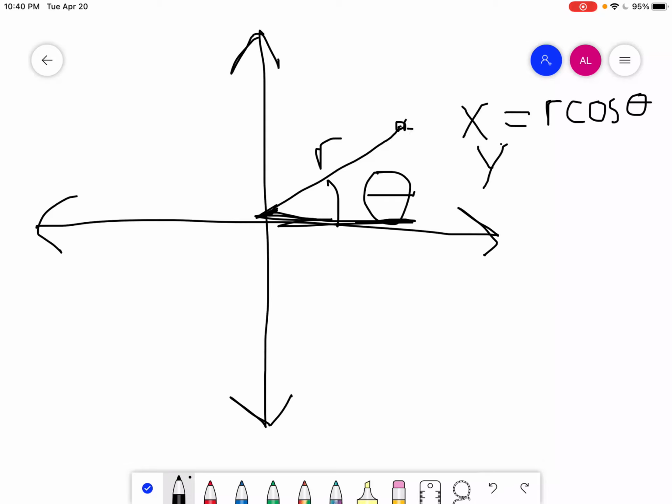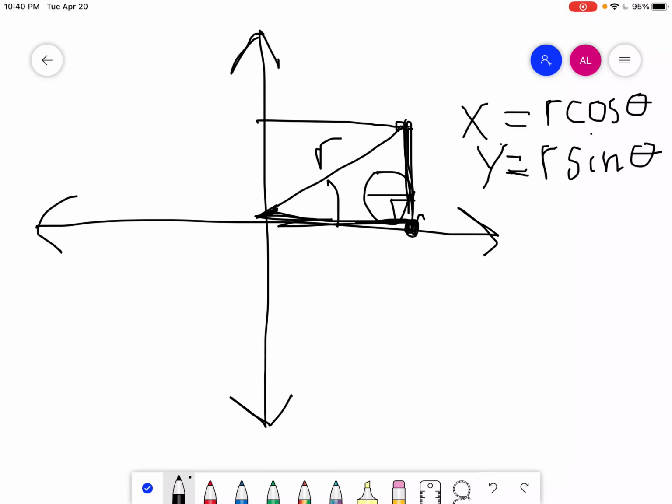If we represent this as a right triangle, the x coordinate will be right here, while the y coordinate will be r times the sine of theta, or you can just think of it as the imaginary coordinate.